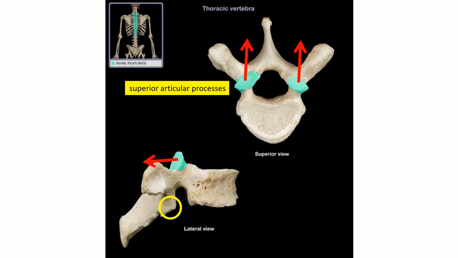Again, this is a thoracic vertebra, and the green colored part is the superior articular process, which has a facet to articulate with the inferior articular process of the vertebra above, and the facet is directed posteriorly, as you see in the lower image.